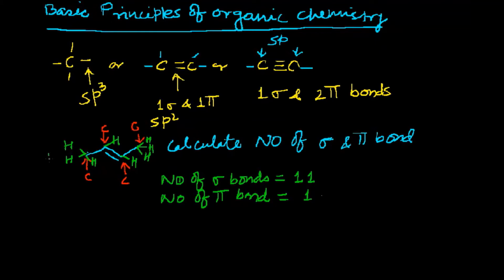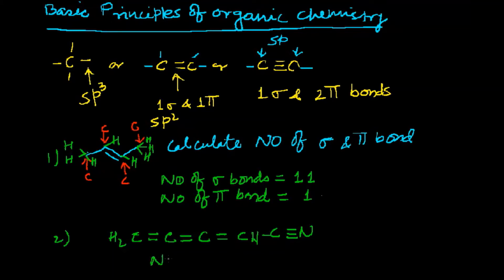Similar to this, we can take another example like this one. Calculate the number of sigma and pi bonds in this. If I write CH2 double bond C double bond C double bond CH, C triple bond N. In this particular case we have to find out, first of all, how many pi bonds.